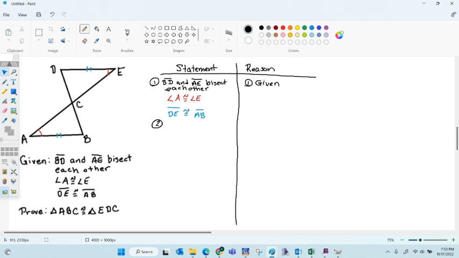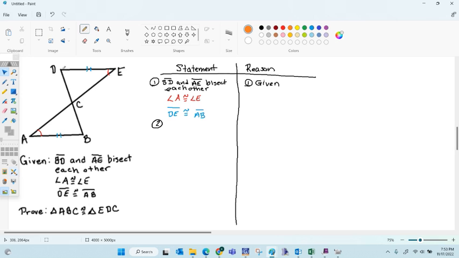So I want to draw your attention to the idea that BD and AE bisect each other. And I want you to think in your mind what bisect means. Bisect means cut in half. So if they bisect each other, that means that AE cuts DB into two equal pieces.